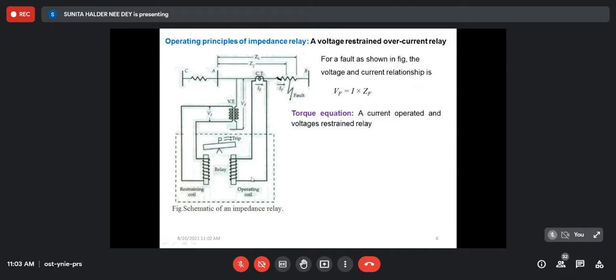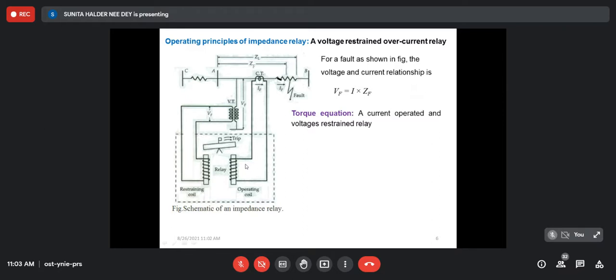But instead of this overcurrent relay, if we use a directional overcurrent relay, whatever the configuration of the overcurrent relay, then we can provide the directional property in the impedance relay. So what is the difference between the impedance relay with directional feature and the directional overcurrent relay?